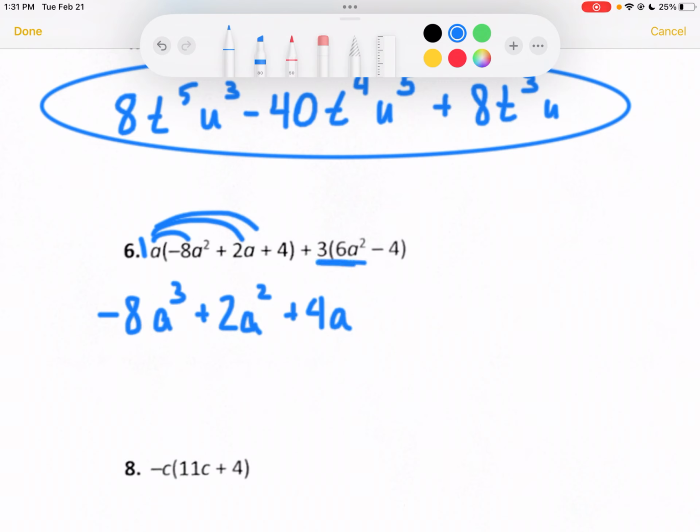Then do this part. 3 times 6 is 18a squared. 3 times negative 4 is minus 12.